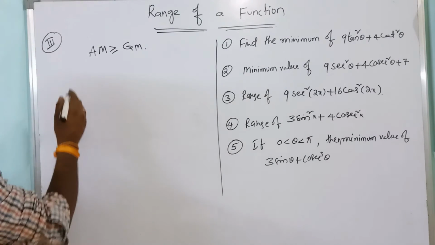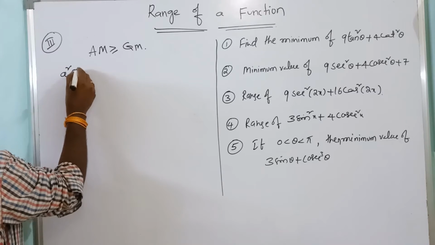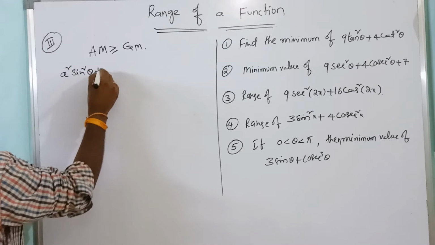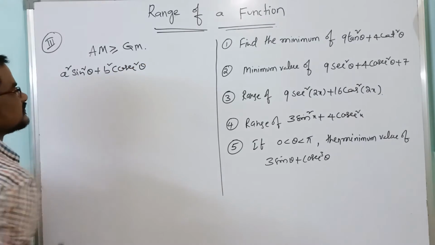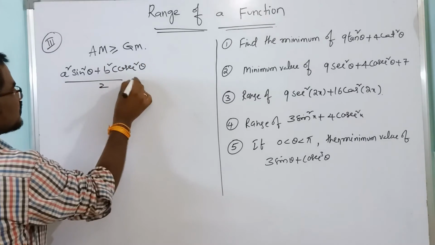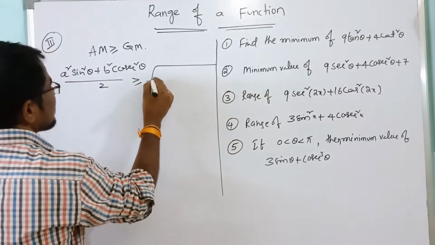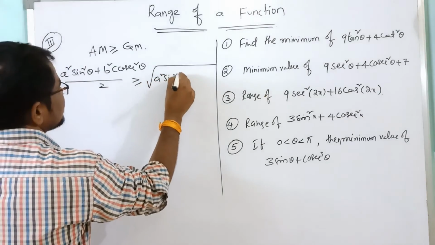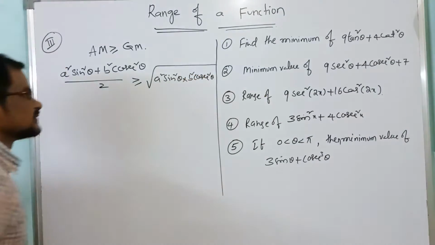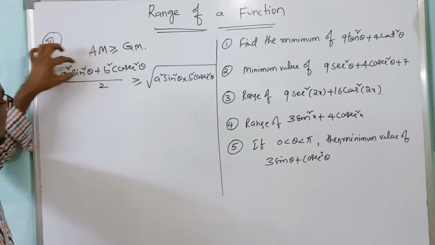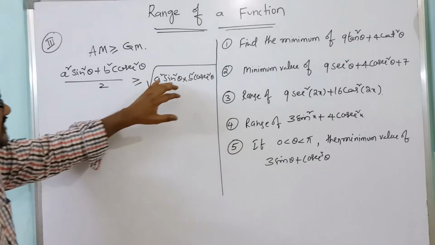We know that the arithmetic mean of two functions, suppose you take a square sine square theta plus b square cosecant square theta divided by 2, is greater than or equal to the root of a square sine square theta into b square cosecant square theta. This is the geometric mean.